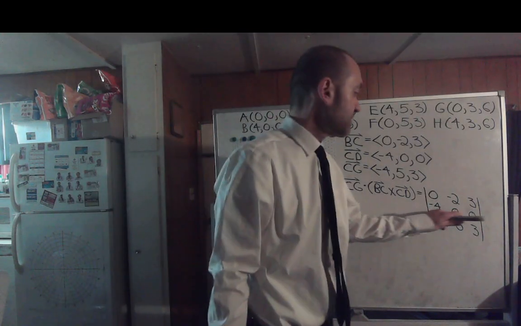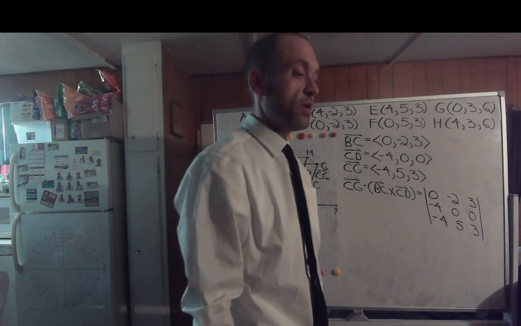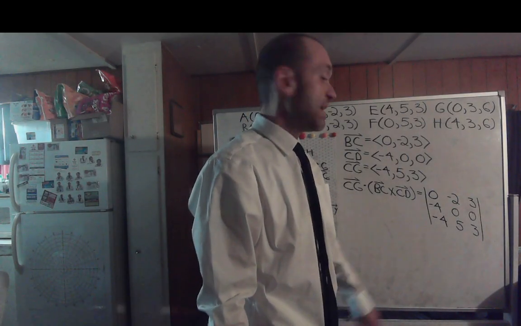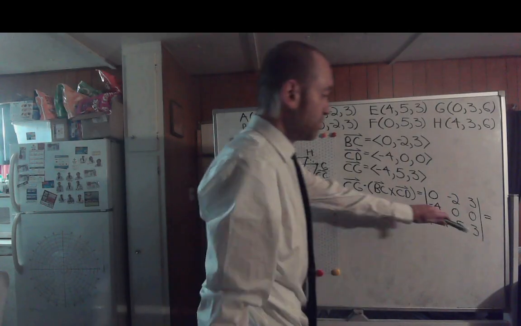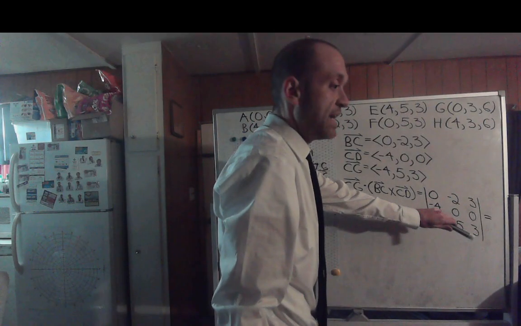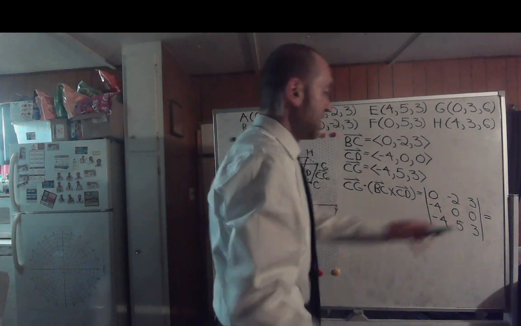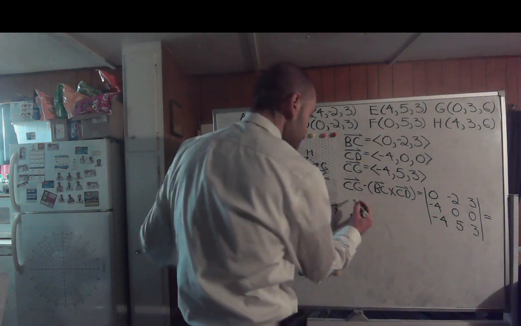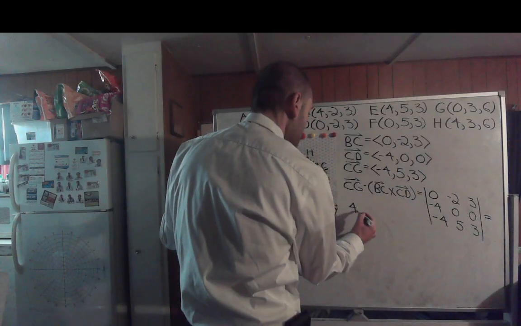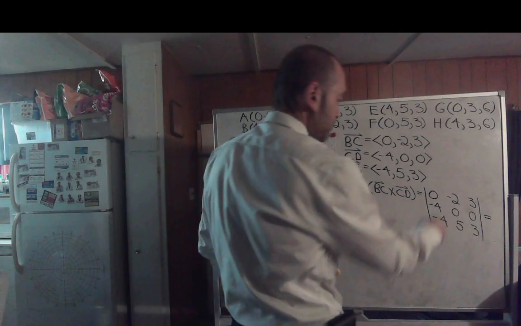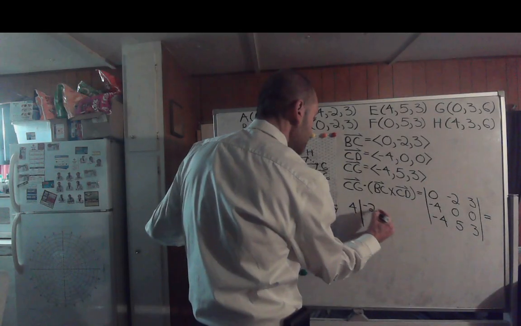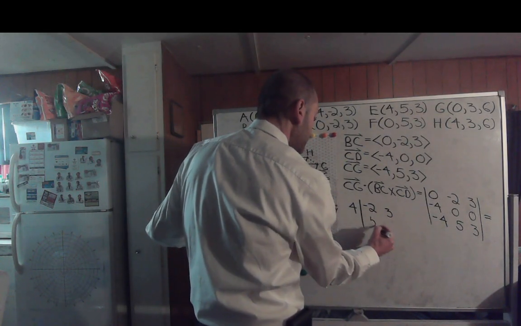If we stick with the second row, we have 2 0 entries, which would mean I only have to do 1 2 by 2 determinant. Well, the first term in the second row is actually negative of whatever number you have there. So negative 4 turns into positive 4 times the resulting 2 by 2 determinant I get when I strike out the first column and second row of negative 2, 3, 5, 3.